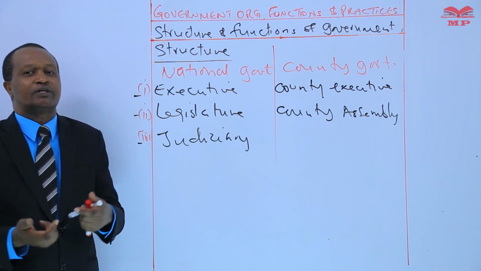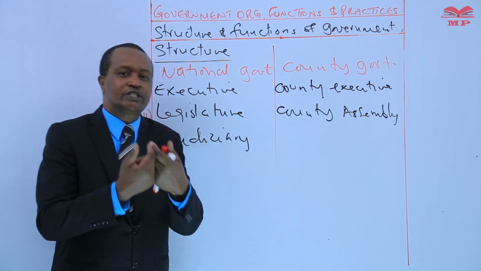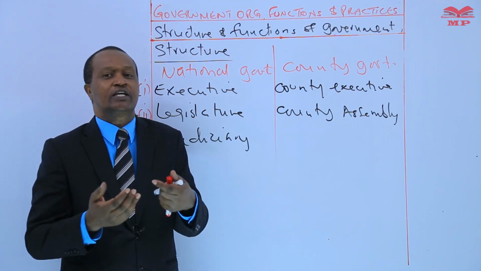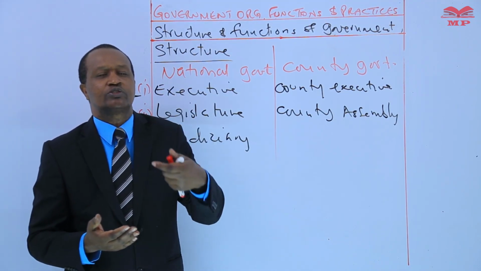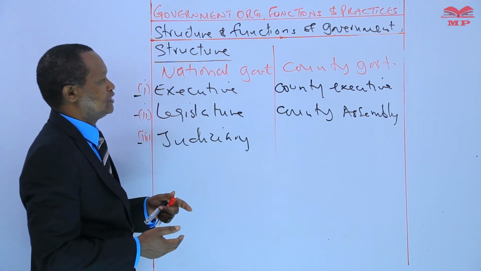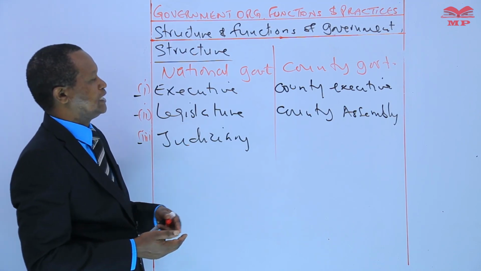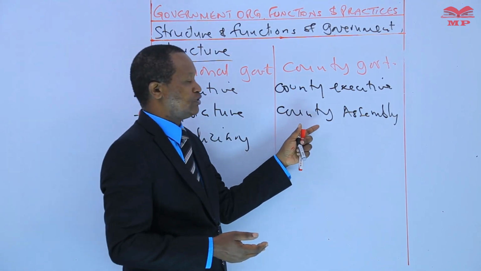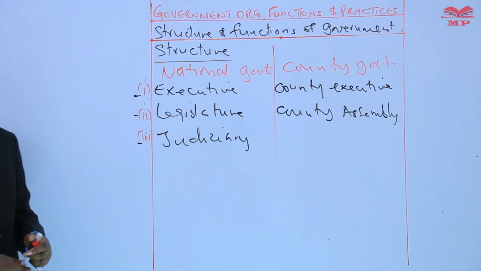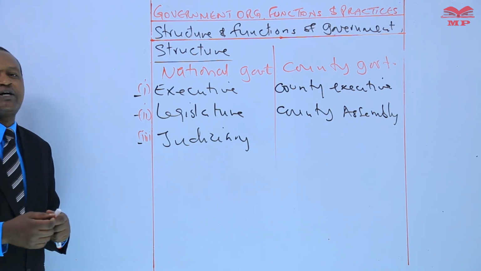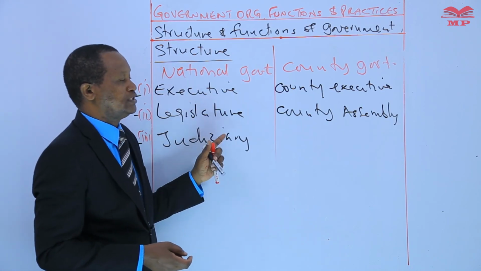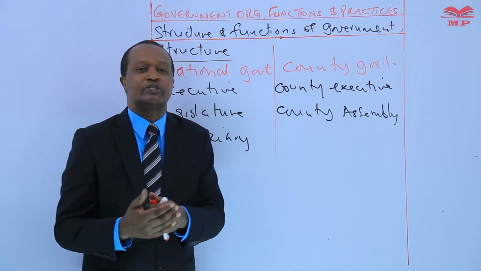It is composed of elected members of county assembly, popularly known as MCAs, who are responsible for making laws and overseeing the actions of the county executive. Just the same way the National Assembly oversees the actions of the executive, the county assembly oversees the actions of the county executive. The county assembly also has the power to approve the county budget, just the same way the National Assembly approves the national budget.